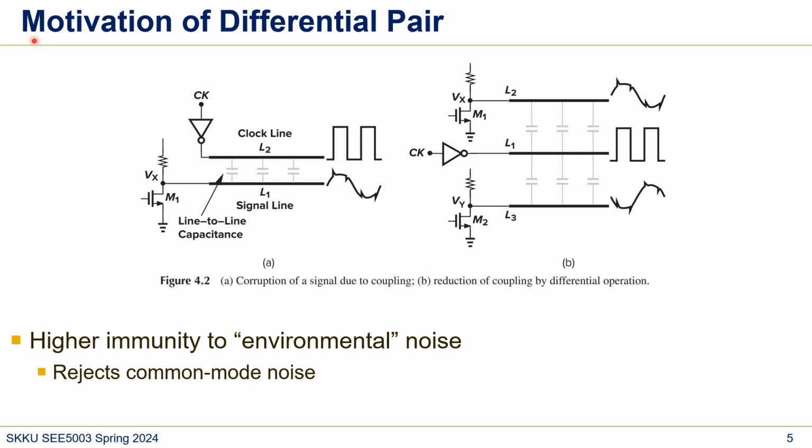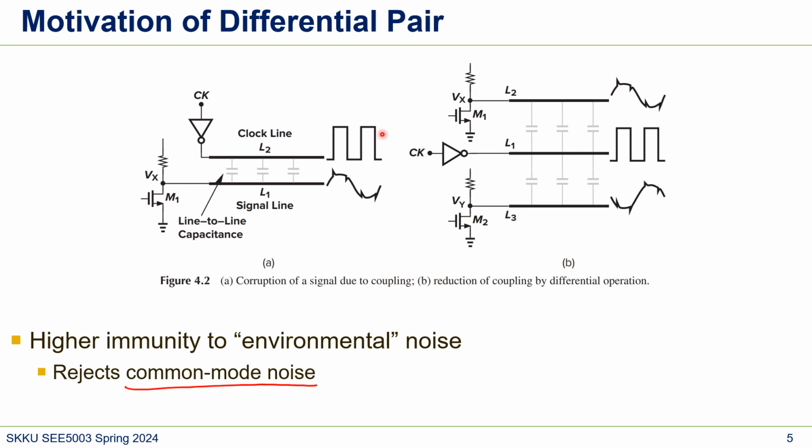Then why do we need this? Why are we interested in the differential pair? What's the motivation? The first one is higher immunity to environmental noise. It means that it rejects common mode noise. This is an important term, common mode noise.